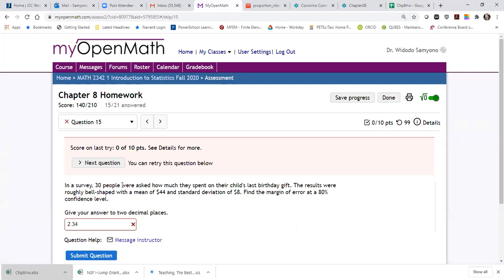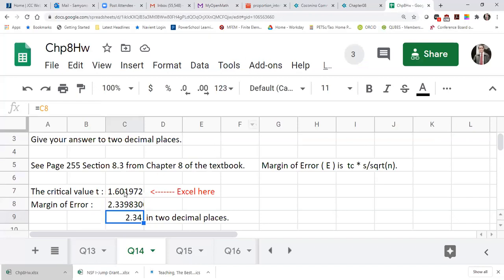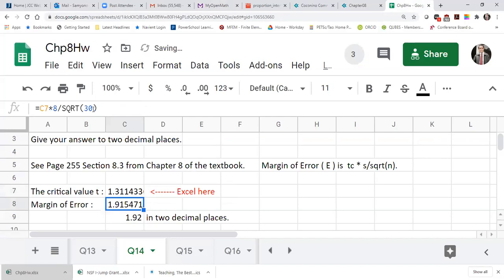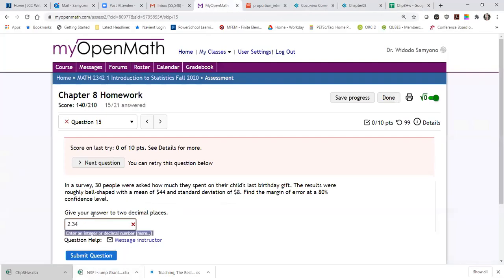Oops, sorry. What is wrong here? Oh, sorry. This one is 80%. Sorry, this is 80%. So the answer will be 1.92.